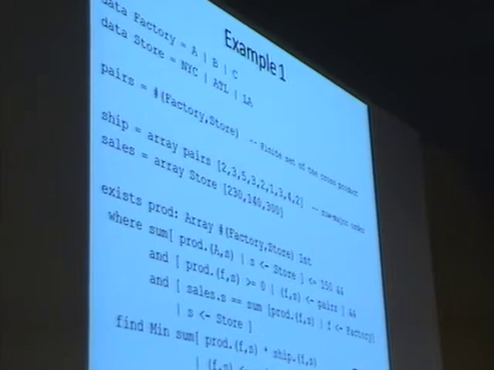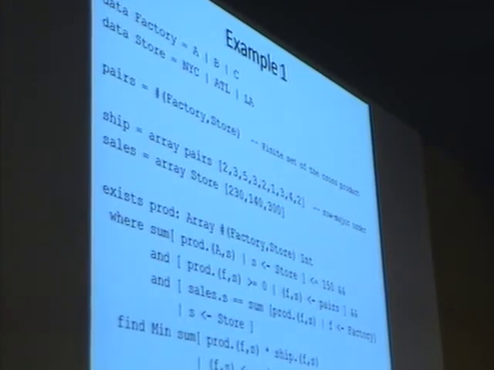And the production for every F and every S is greater than 0. What does that mean? I produce at least one thing for every store. And the sales have to add up to the things in the factory. I don't want to produce too many and so on. And then I want to minimize this objective function, which minimizes the shipping cost.